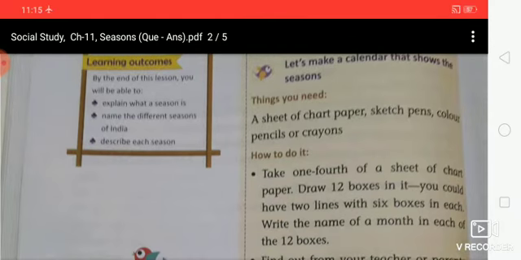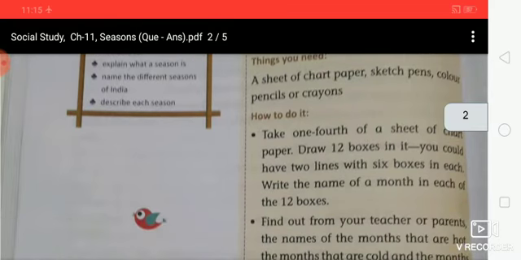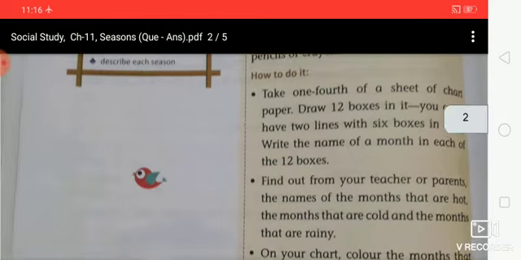Write the name of a month in each of the 12 boxes.